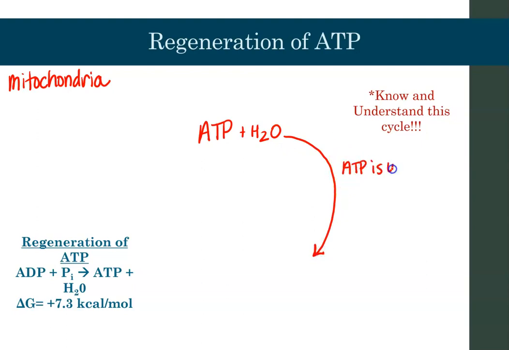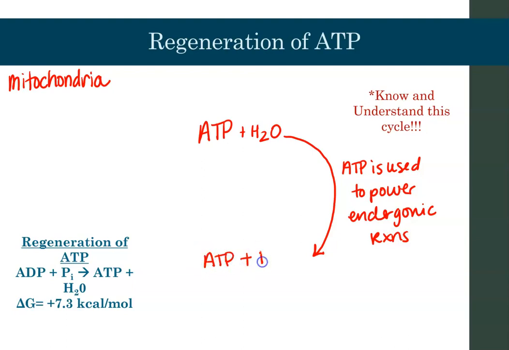So ATP is used to power endergonic reactions. And what we're left with is an ADP plus a phosphate molecule that's inactive. We call it an inorganic phosphate. Energy is released, usually through that transfer of that phosphate molecule.